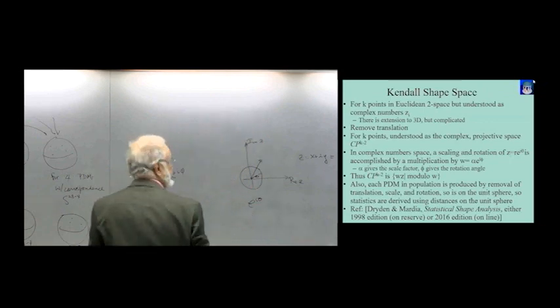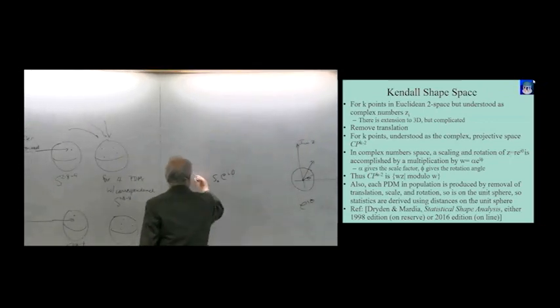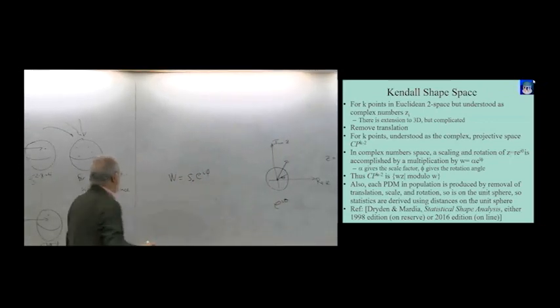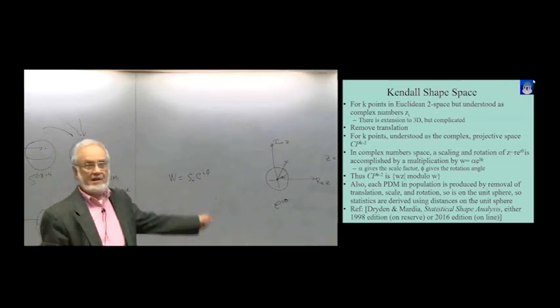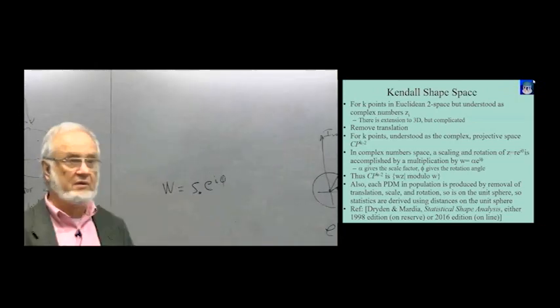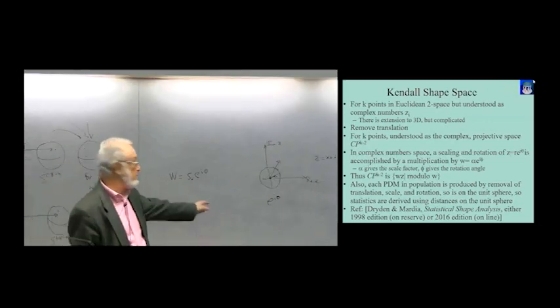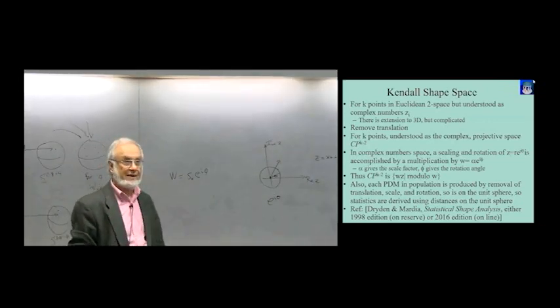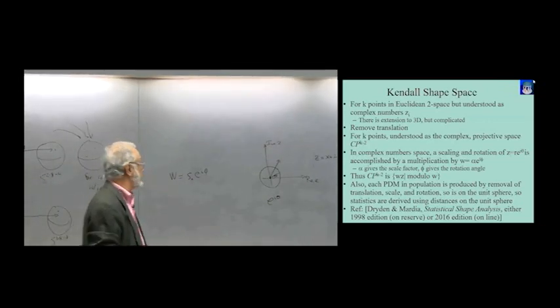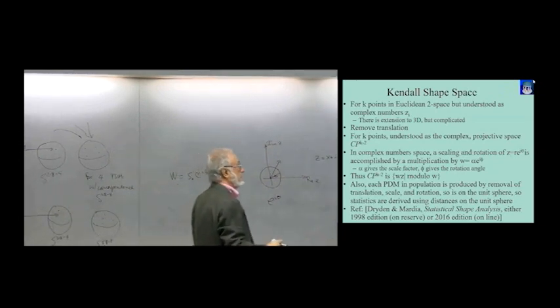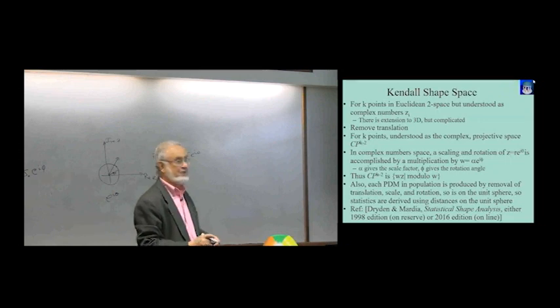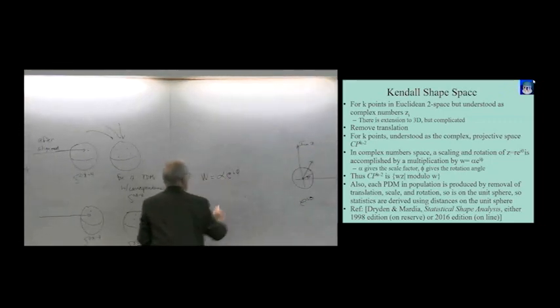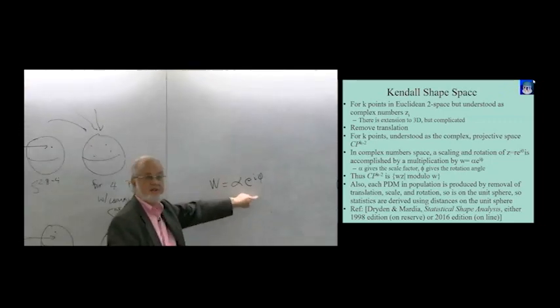And so they say, okay, take that over all possible scalings and all possible rotations, all possible S zeros and all possible phis, and consider the space of z's, r e to the i theta, by w's, which are alpha e to the i phi, where alpha is the scale factor.